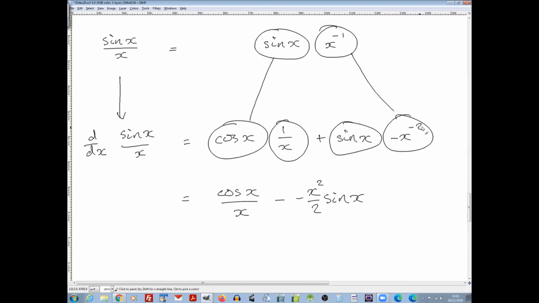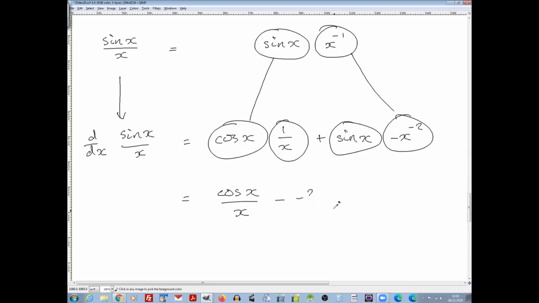So minus x to the minus 2 is minus x squared over 2. No, you could say sine x squared over 2. I don't know why you're squaring sine. It's not like we've got sine times sine. No, you're not squaring the sine. It's sine of x squared over 2. You could make that all sine x squared over 2. Could you? Really? Well, you've got x over 2 and sine x.